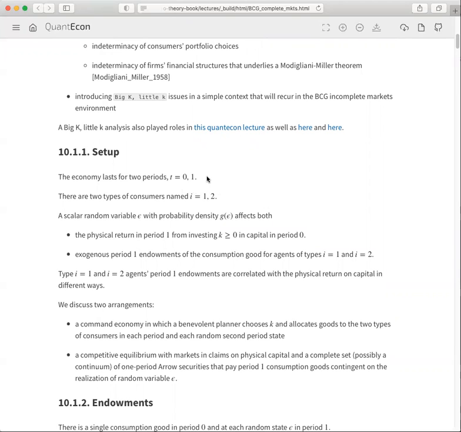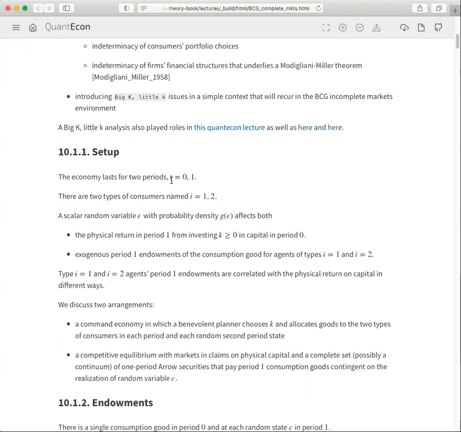And what that means, by the way, is that there's no difference between Arrow-Debreu, meaning time zero trading with history contingent assets, and time zero trading with Arrow securities, because there's only 2 periods, and so that's just a remark.